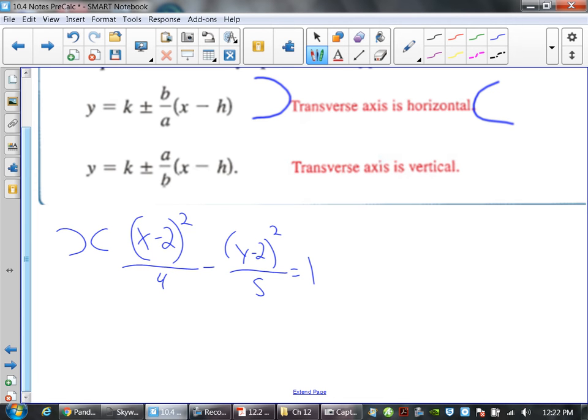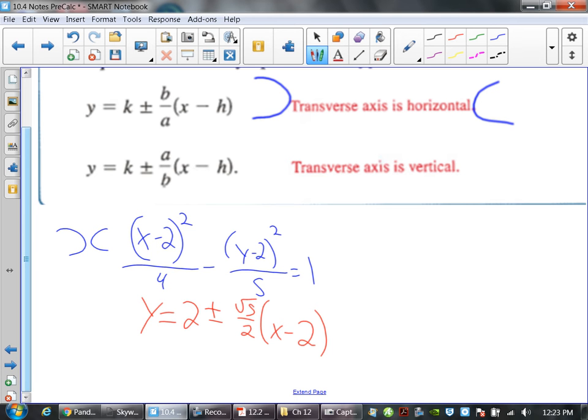If I just wanted to write the equations of the asymptotes, y is going to equal, what's our k value in this problem? 2, plus or minus a over b. Well, excuse me, b over a. What was b? It's root 5 and a was 2. So it would be root 5 over 2 times x minus 2. And that's how you would get your equation of the slopes.